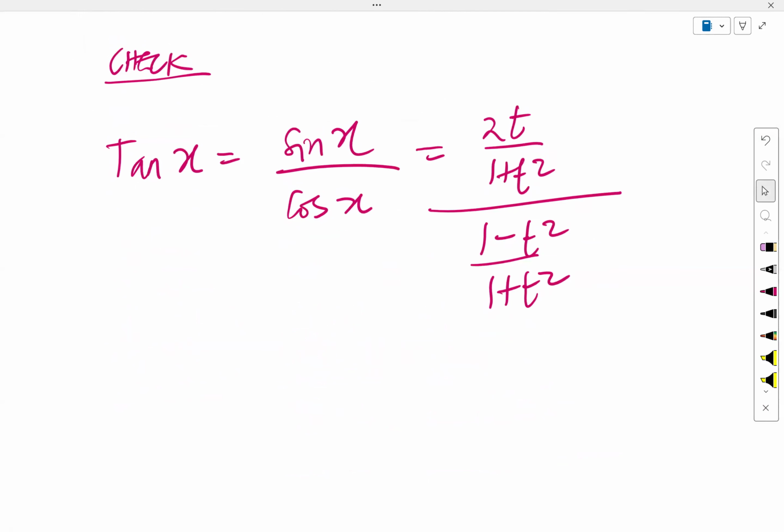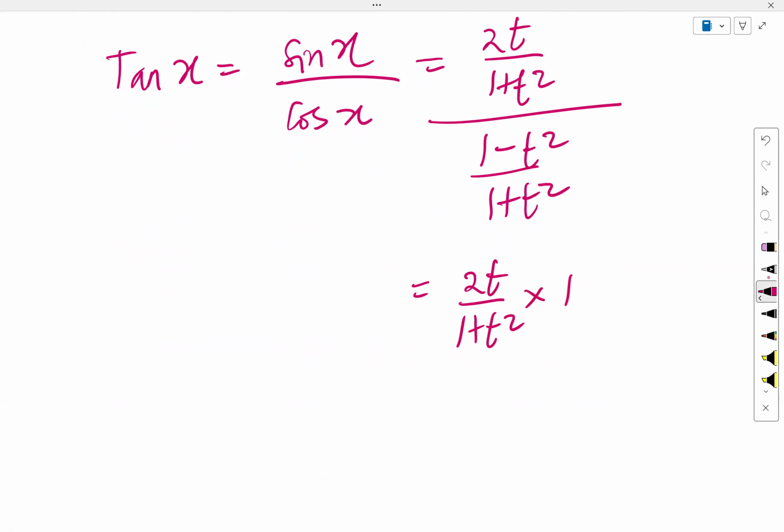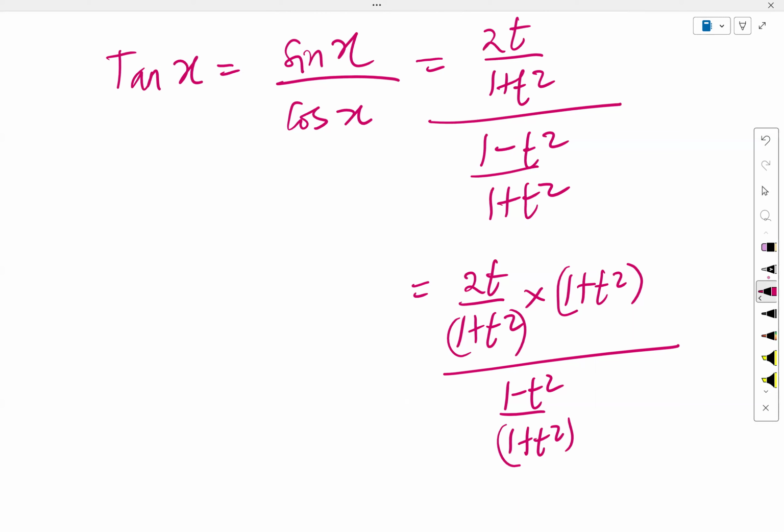Okay. So we can multiply through by the LCM, right? So we have 2t all over 1 plus t squared multiplied by 1 plus t squared up here. Then all of that, you have 1 minus t squared all over 1 plus t squared times 1 plus t squared. So this cancels out, this cancels out.